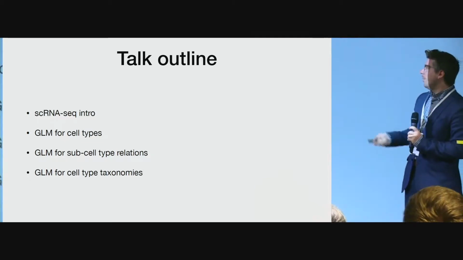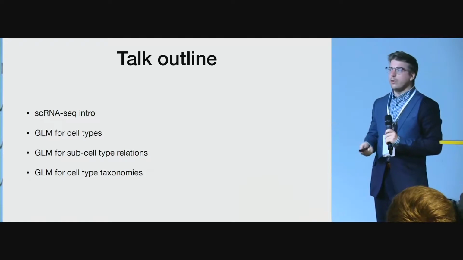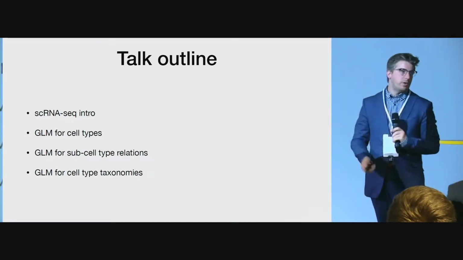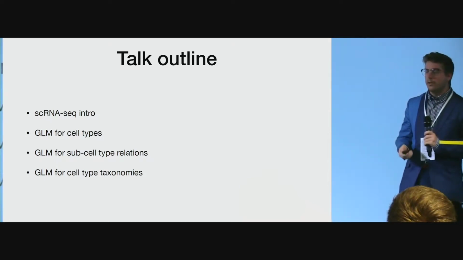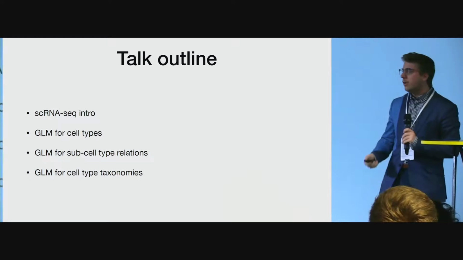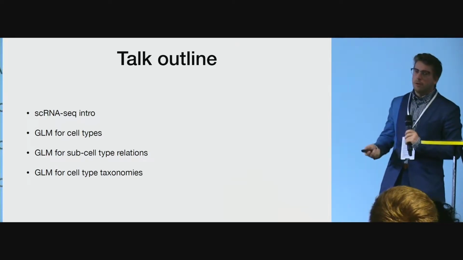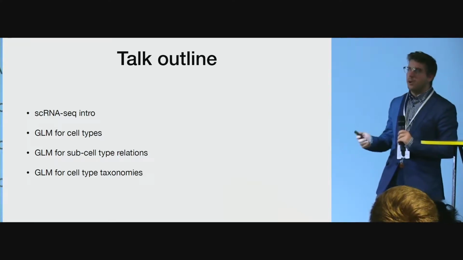So I'm just going to talk a little bit about single-cell RNA sequencing. There have been a lot of introductions though, so I'll go very quickly through it. I thought I would have to explain a lot of things, but there have been really good explanations from people who are doing innovations in the field, like William this morning before lunch. And then I'm going to talk about something called generalized linear models. It's going to be a bit dry, but I'll try to not be too dry about it.